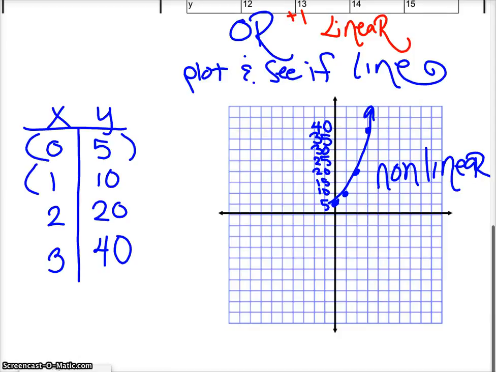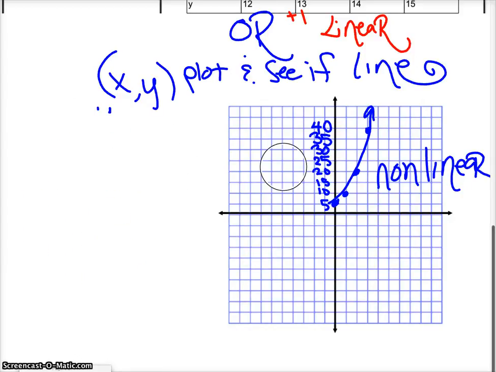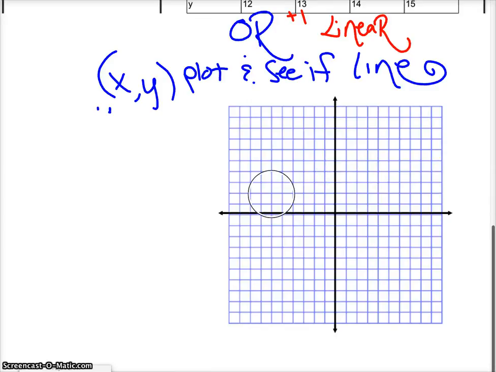Tatiana, which side do you grab from, X or Y? You always just plot the points like this, where it's always X first, then Y. Okay, so it's X, Y, X, Y. So you always go to the X, then to the Y. All right, you do another one. Don't put those away. I'm making you another one. Linear or nonlinear by graphing.